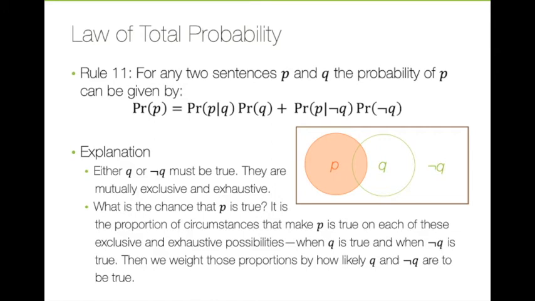And the second term is the larger chunk of P that doesn't overlap with Q. It's within the space of not Q. So that circle Q and the stuff outside of it, not Q, carve up the whole space. Part of the P circle is within the Q circle. That's the first term. Part of the P circle is within the not Q space. That's the second term.